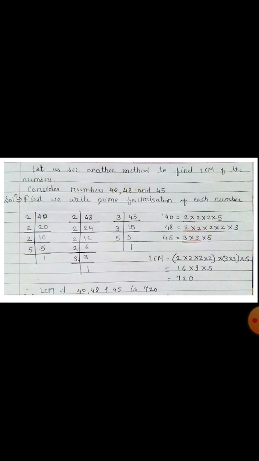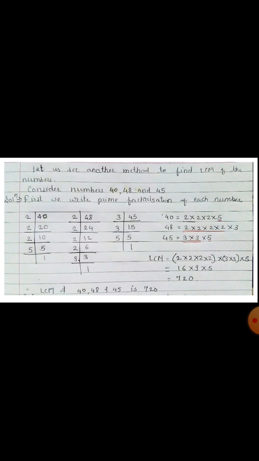Now to find the LCM, first the prime factor 2 appears a maximum number of 4 times in the prime factorization of 48. Clearly you can see here that in the prime factorization of 48, 2 occurs 4 times. Therefore write it as 2 multiplied by 2 multiplied by 2 multiplied by 2, 4 times.